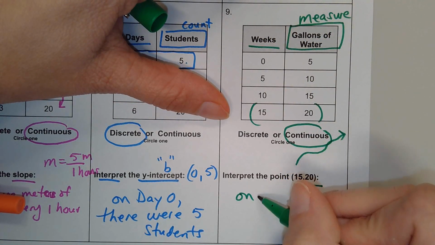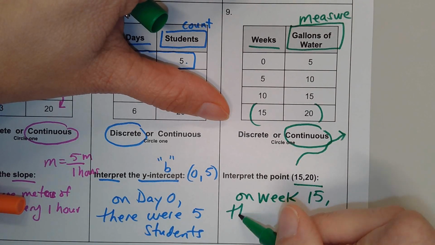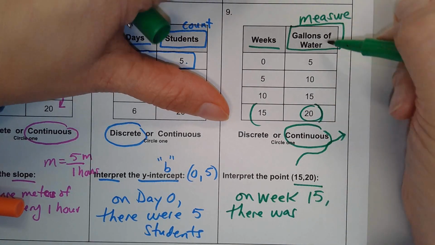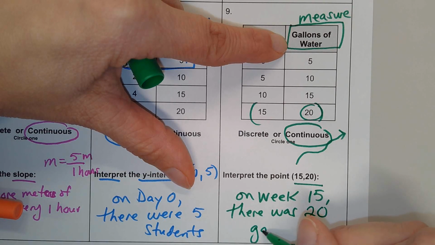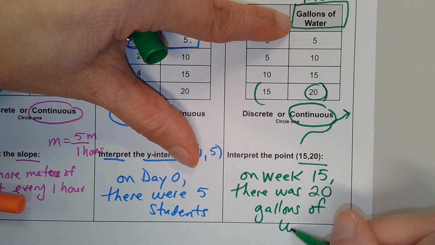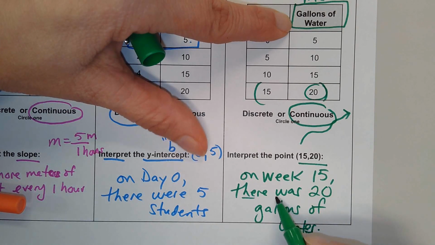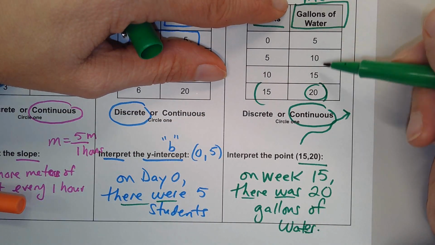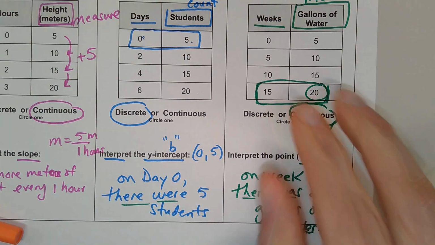So on week 15, there was 20 gallons of water. Okay, we usually say there was or there were. We do not say every because we're just doing this one point.